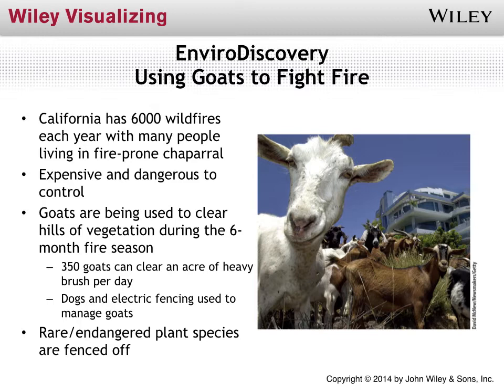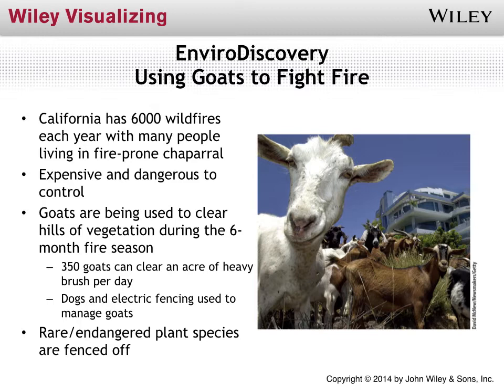So you basically can manage the goats, kind of fence them in, or use dogs to kind of keep them in an area, let them browse on the vegetation. The challenge is basically that they will eat everything.